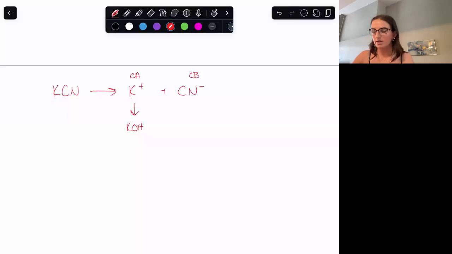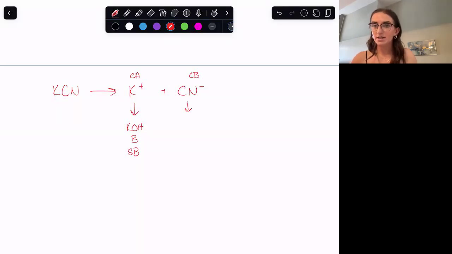We said that KOH is the base it comes from. And is that a strong base or weak base? KOH was a strong base, right? Now we have to look at cyanide. We said that cyanide was the conjugate base, which means it's missing a hydroxide because the acid would give up its hydroxide ion.